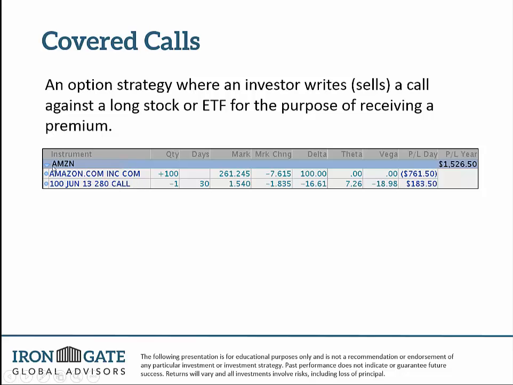So that stock you own, that 100 shares, if it goes above 280, you're obligated to give that stock on expiration day. Well, if it stays below 280, then you keep the premium. Let's say you were paid $5 for selling the call. You keep that $5.